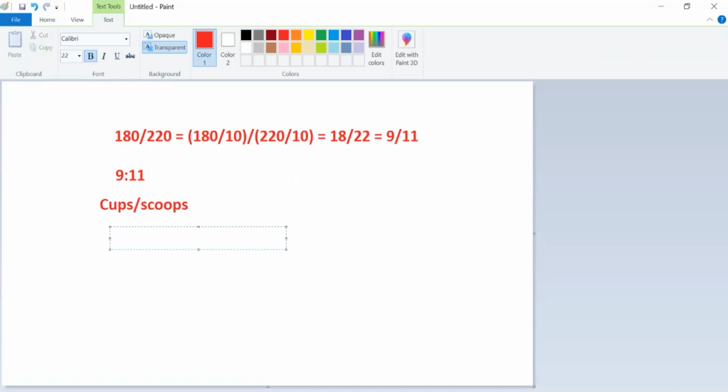Is it 2 over 3 or 3 over 2? It's 3 over 2. So is 3 over 2 equal to 12 over 8?